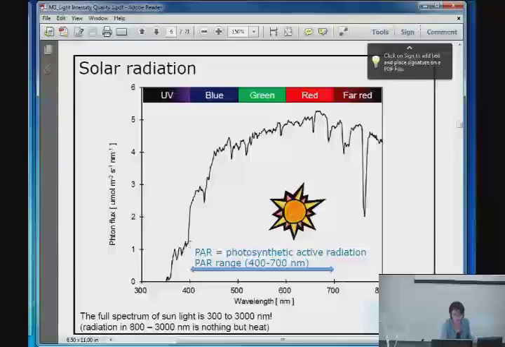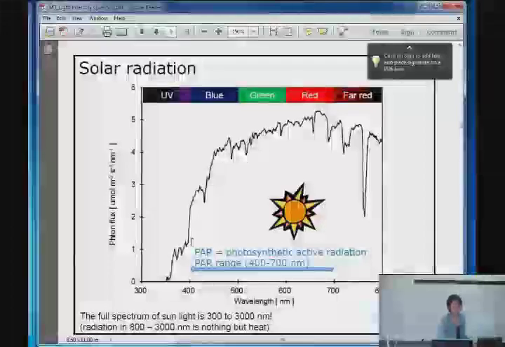You're going to find 400 is about 1 point something, 401 is 1.3, 402 is 1.4. So you sum up that total range, 400 to 700, and now you get the total photon flux, the photosynthetic photon flux.